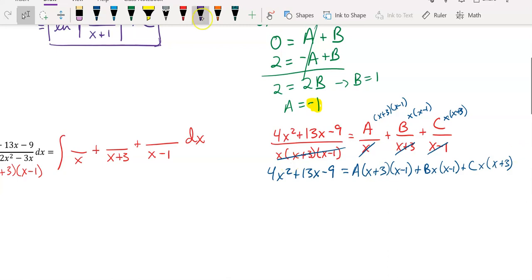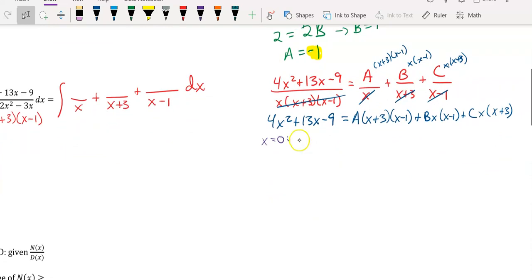So for the first one, we're going to say let x equal 0. If x is equal to 0, the left side of my equation is 0 plus 0 minus 9, equals a times 0 plus 3, which is 3, times 0 minus 1, which is negative 1, and then plus b times 0, so who cares about the rest of it, plus c times 0, who cares about the rest of it.